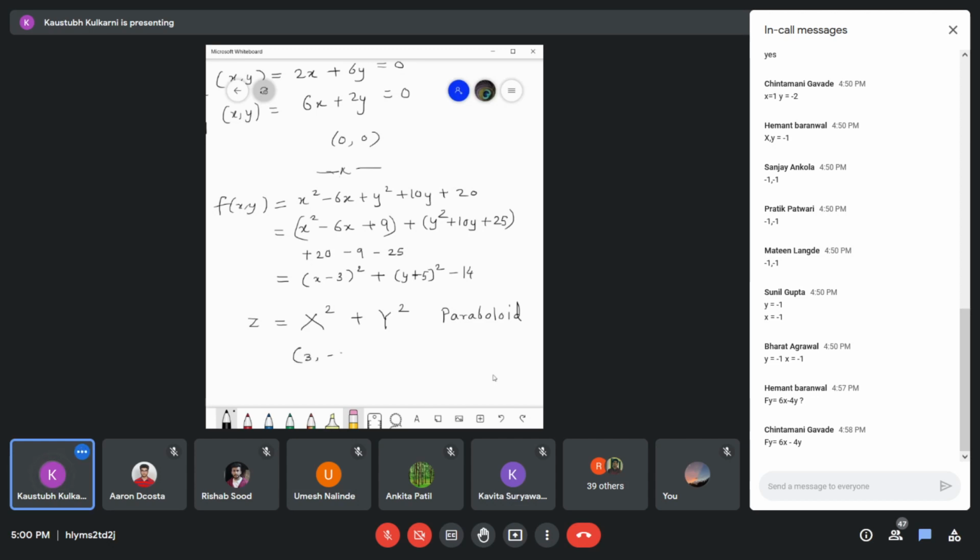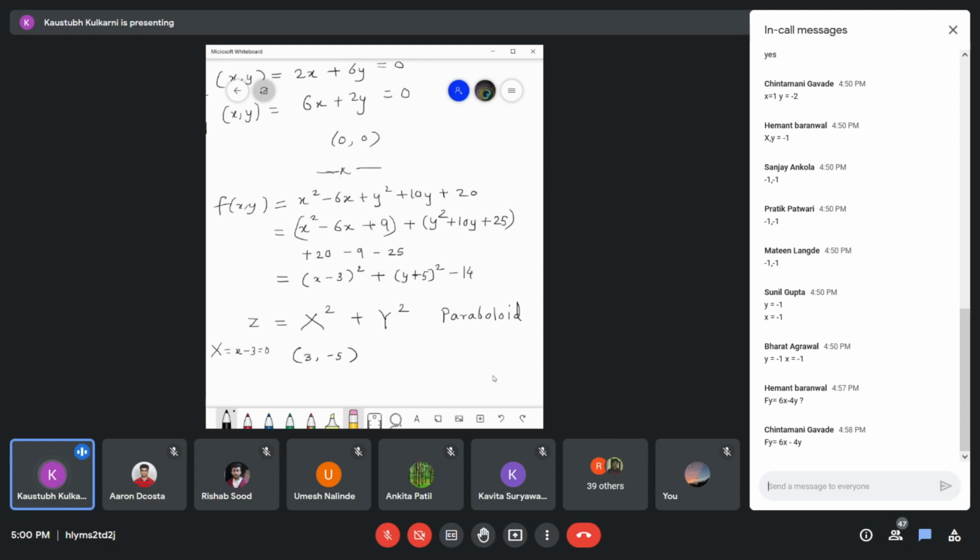3 comma minus 5. So capital X is equal to small x minus 3. Okay, how did I get this 3? Because capital X is small x minus 3. If I set it to 0, that is capital X equal to 0, for this paraboloid z is equal to x square plus y square, its minima is at the point x equal to 0, y equal to 0, because it opens upwards.